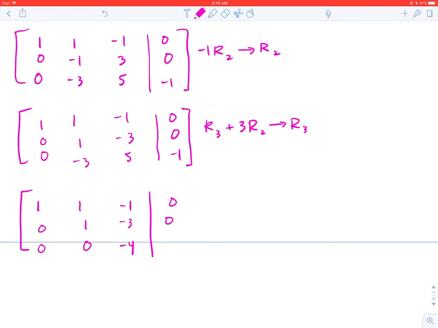And negative 1 plus 3 times 0 will just be negative 1. Almost there. So now we can just multiply row 3 by negative 1/4.